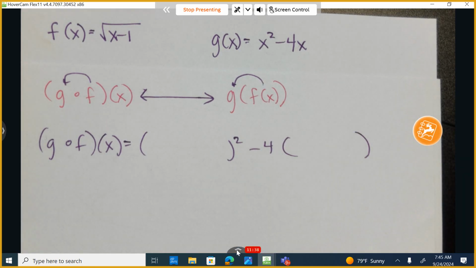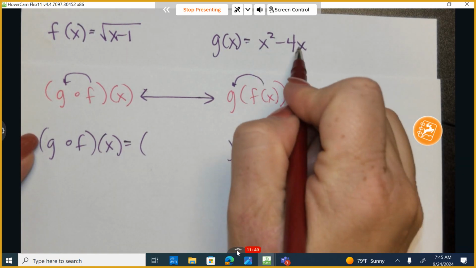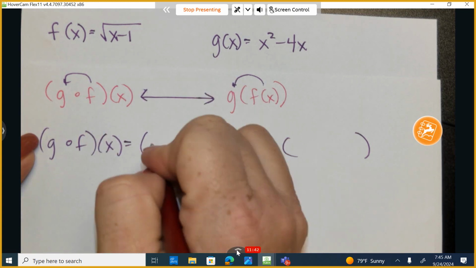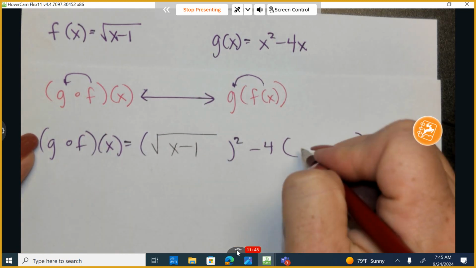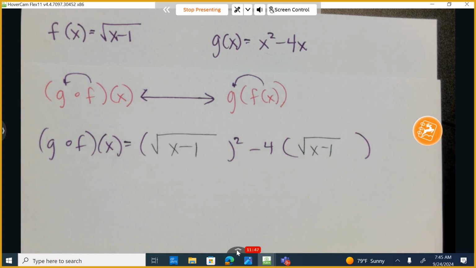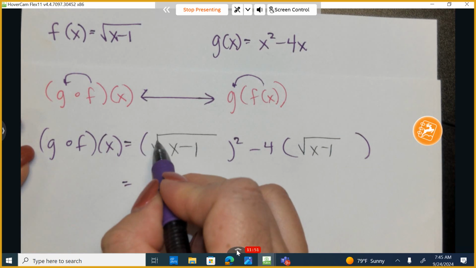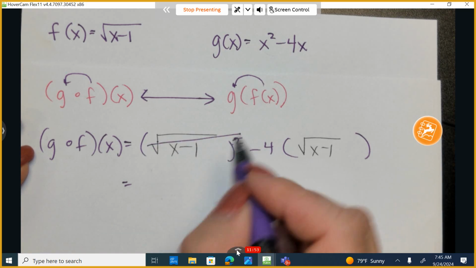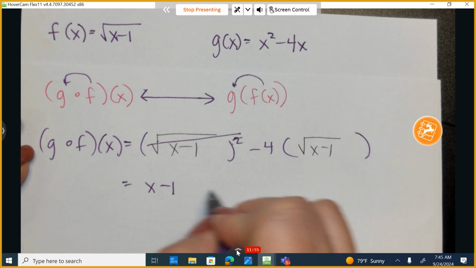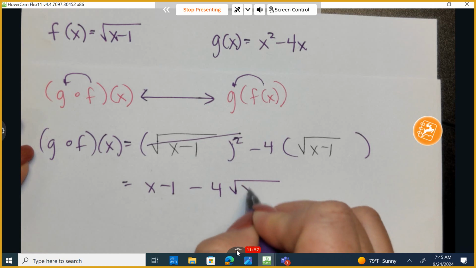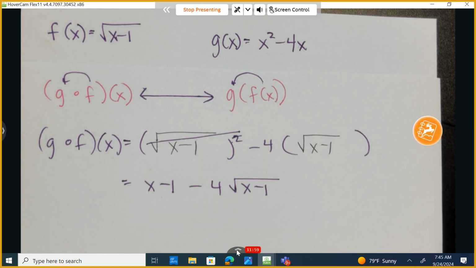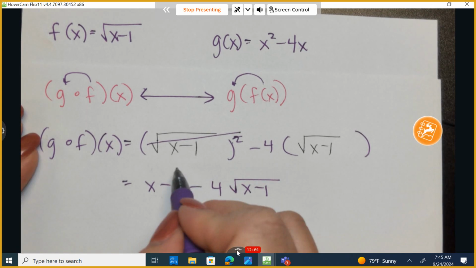Now I'm going to replace where there is an x in g with what f is equivalent to. And now we can simplify. A square root and a square are going to simplify to 1. I bring down x minus 1. There's nothing more I can do here. This is good.